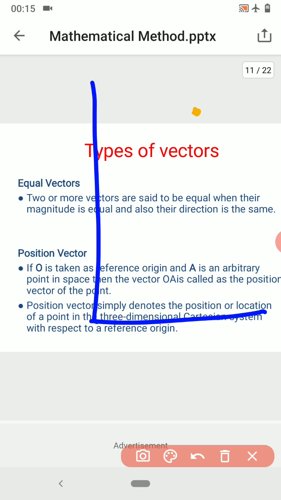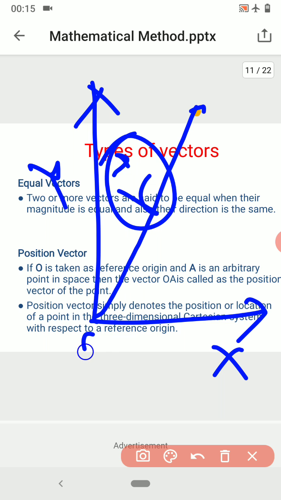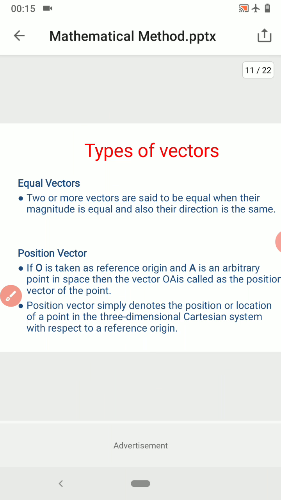If I use the Cartesian coordinate system, x and y coordinates, then I can find the position of the object from the origin, like that. That vector, you call vector r. So if O is the origin and P is the point, then vector OP is the position vector here.